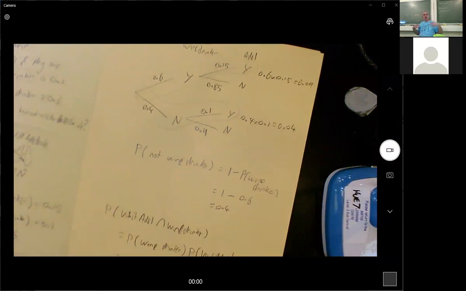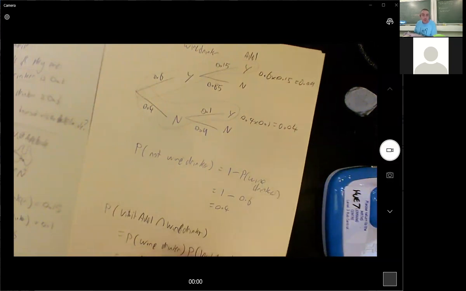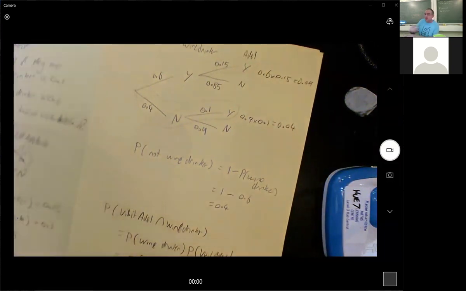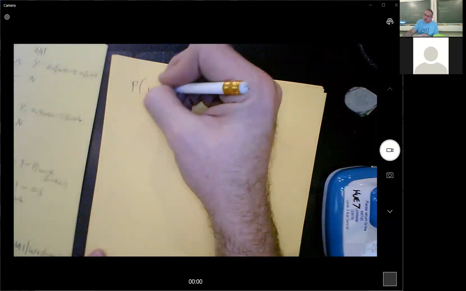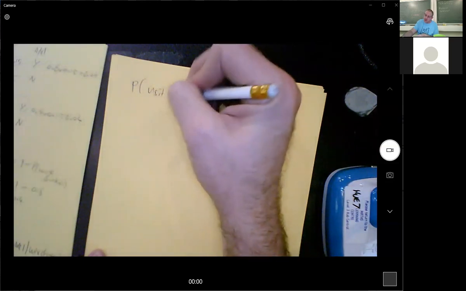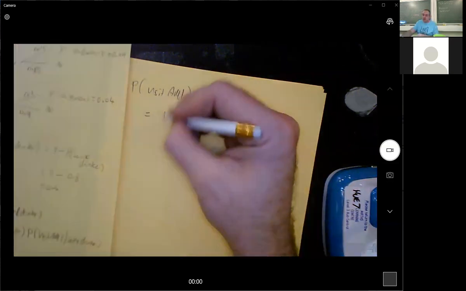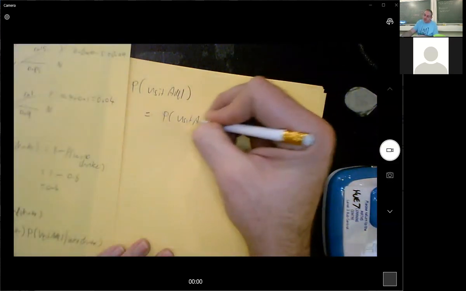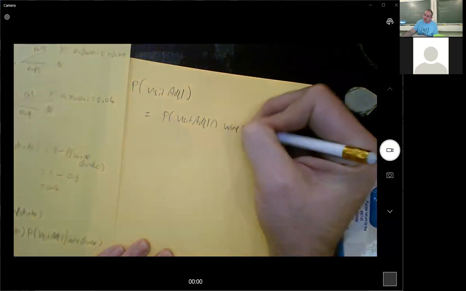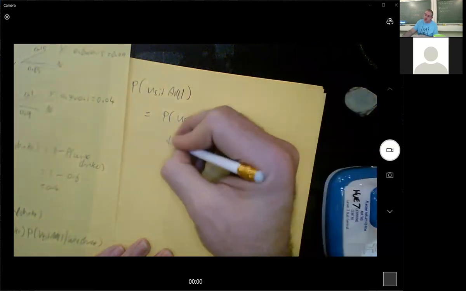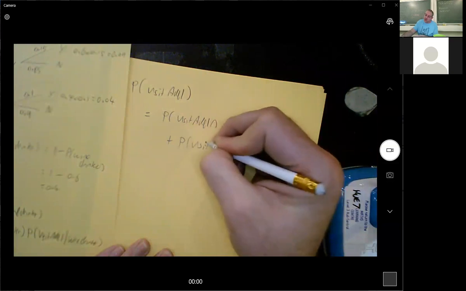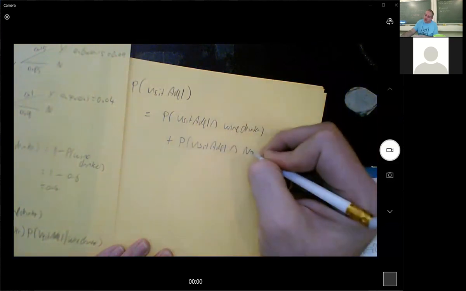And so if I combine together all the probabilities that go with arriving in Adelaide, then that's these two together. So the probability of visiting Adelaide is the probability that they visit Adelaide and they're a wine drinker, plus the probability of visiting Adelaide and not drinking wine.